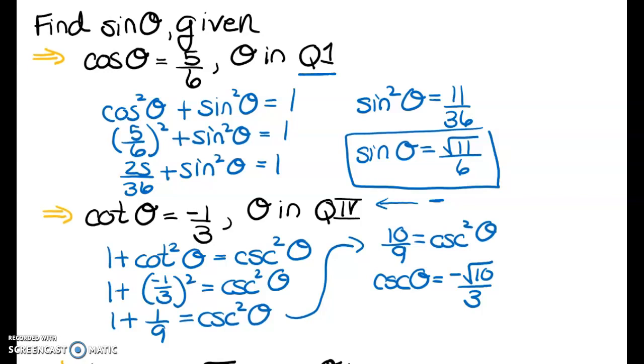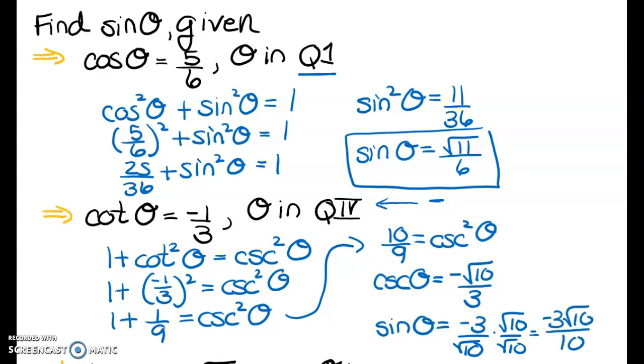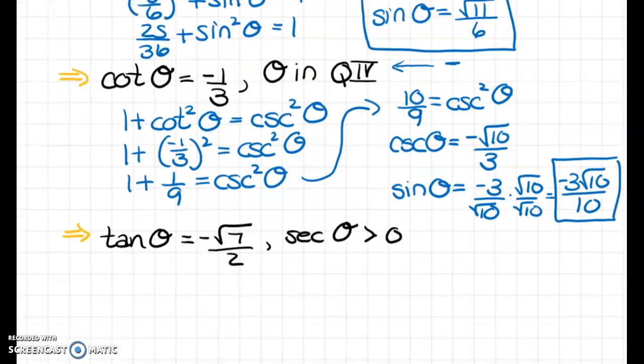But sine is the reciprocal. So sine is going to be negative 3 over radical 10. But I now need to rationalize. So I get negative 3 radical 10 over 10 for sine. So remember, it's really important to know what sign you're looking for, whether it's positive or negative.